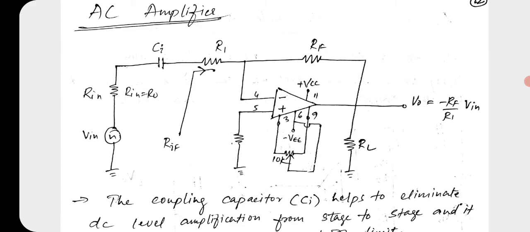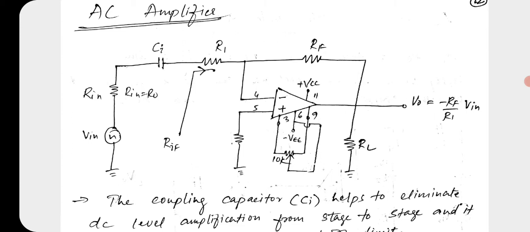DC flows only in one particular direction. If it is positive, only the positive plate will be charged; from the negative side, the negative plate will be charged. But these charges cannot move from one plate to the other, so the DC component will be blocked because of the capacitor.